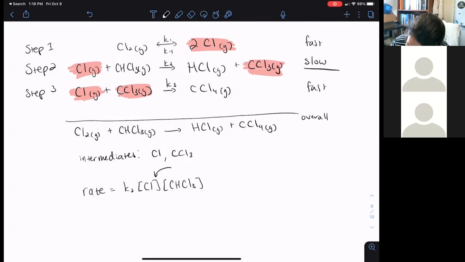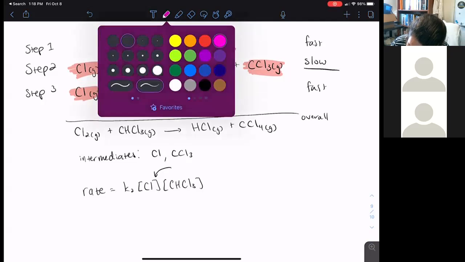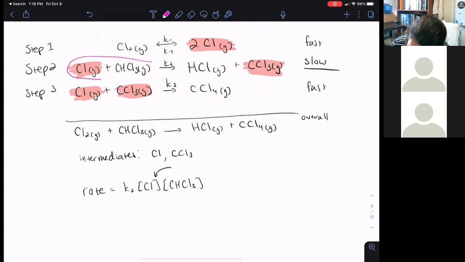You use the reactants for the slow reaction and the K for the slow step. Okay. So there's our Cl, and there's our CHCl3 right there, and then our K2 right there. Okay.